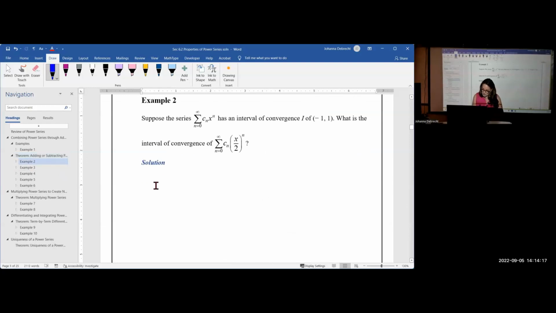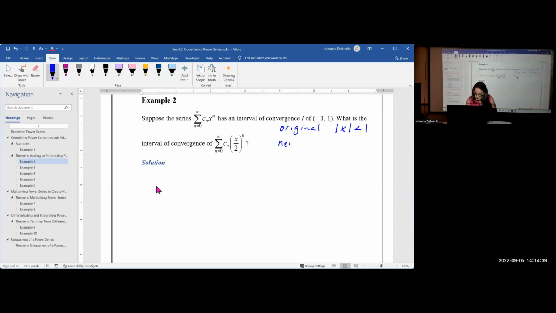So basically what this means, the original up here has an interval of convergence between -1 and 1, which means that the magnitude of x is less than 1. The new series is substituting x over 2 in place of x.